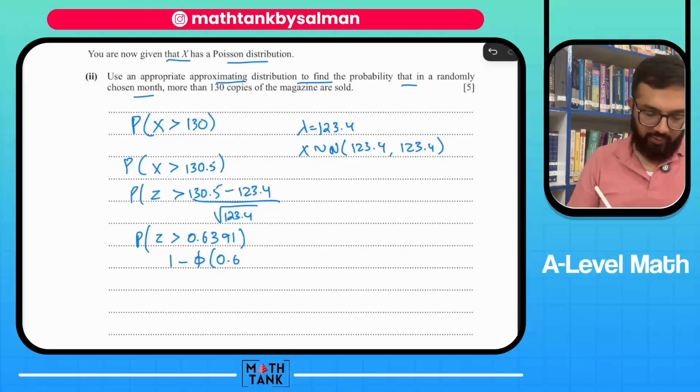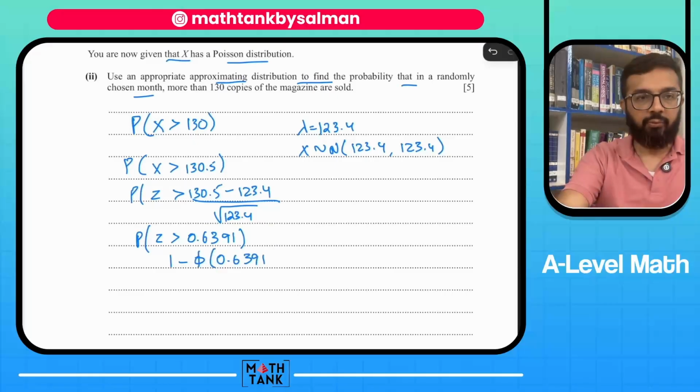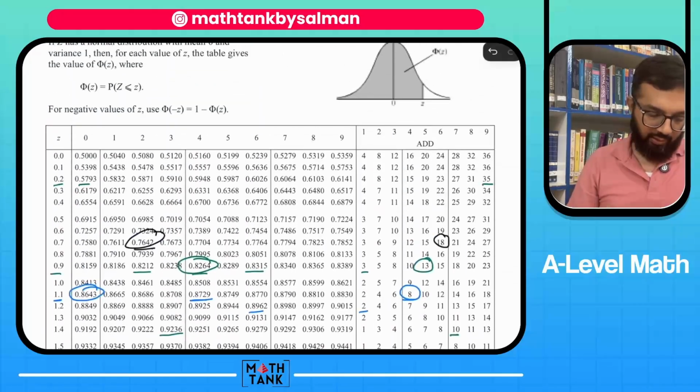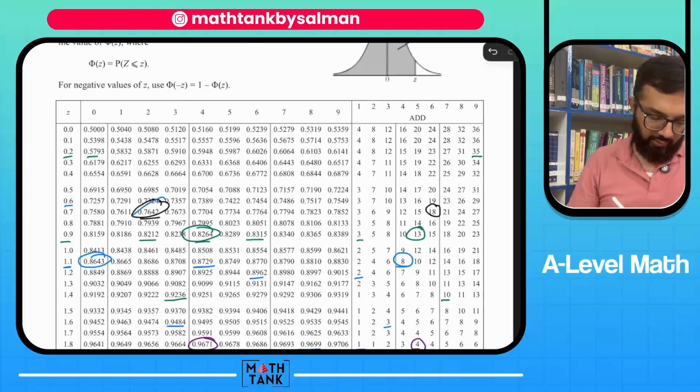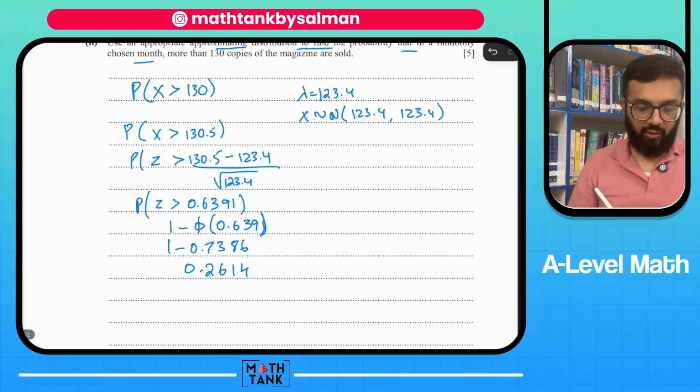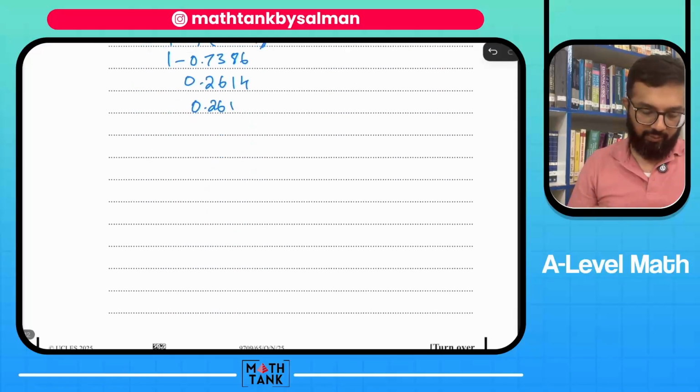One minus 0.6391. Okay, I'll have to do 0.639 because Z is correct to 3 decimal places. 7387 and 7386. Final answer should be 0.261.